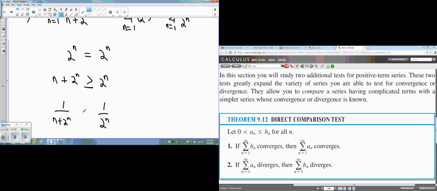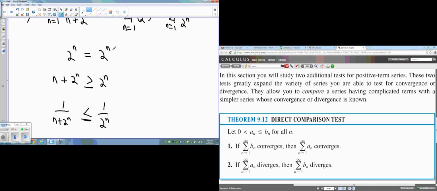So when I flip both sides over, this becomes less than or equal to. So I've proven here that term-wise, the terms of this series are smaller than or equal to the terms of this series. So that means I have the case where I know that b_n converges, and it's going to force a_n to also converge.